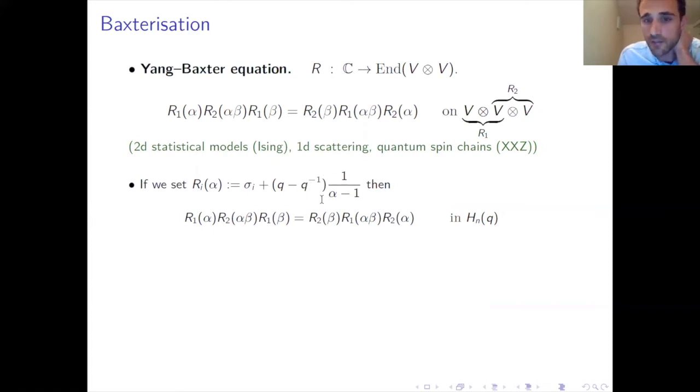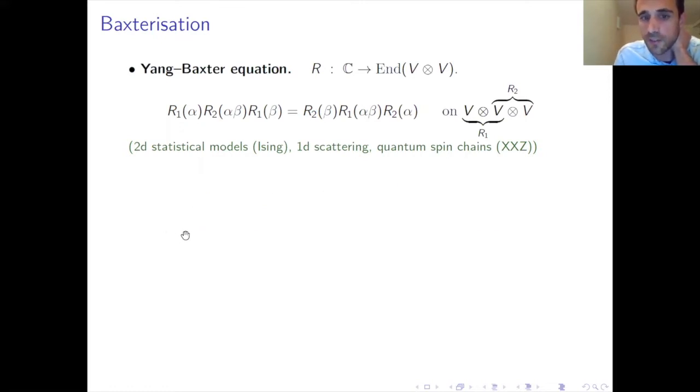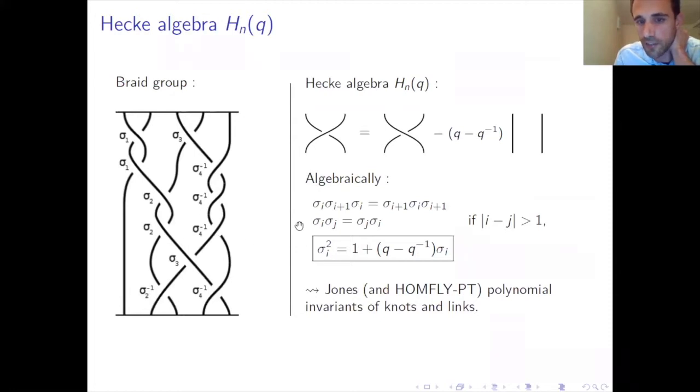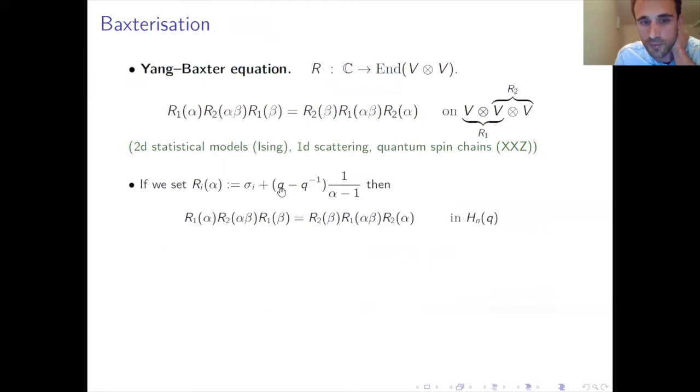Then you can check by very easy and explicit calculation that the Yang-Baxter equation is satisfied. What does it mean? It means that you're using the defining relation of the Hecke algebra to check that this expression satisfies this equation.